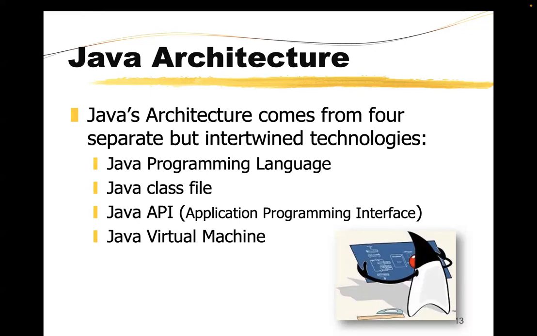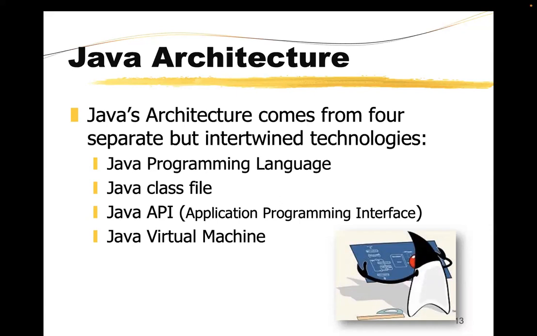You have already used the Java programming language, which has some syntax, some rules to follow. And then we have the class file, the Java class file, and thereafter, the application programming interface. Now, the Java class file, that means once you compile, we got the class file. And in order to run the class file, it gets the support from the Java API.